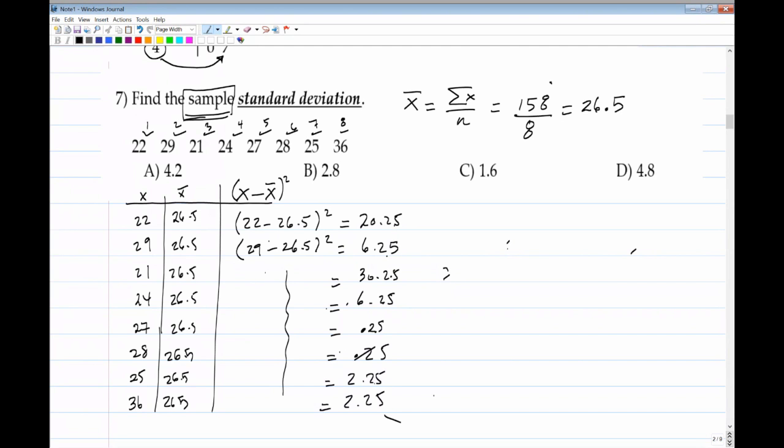But then when you do the sum of the last column, the sum of x minus the mean squared, when you add them all up, by the way, I think I found the mistake.